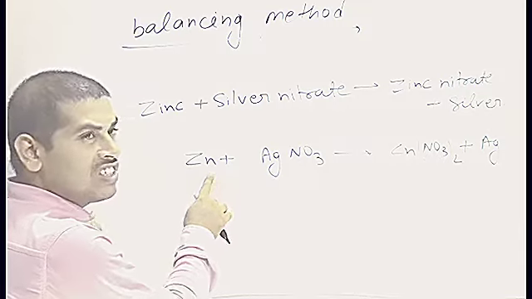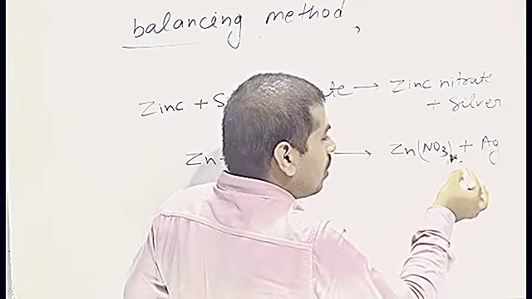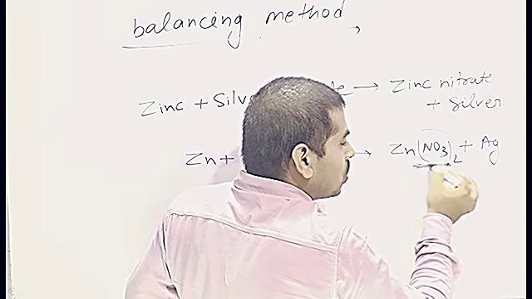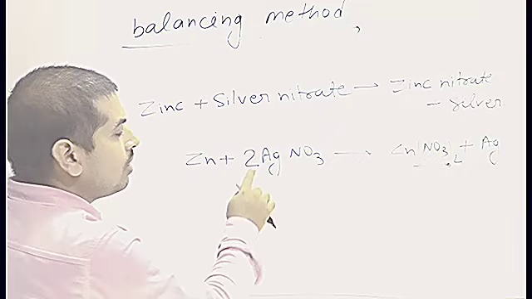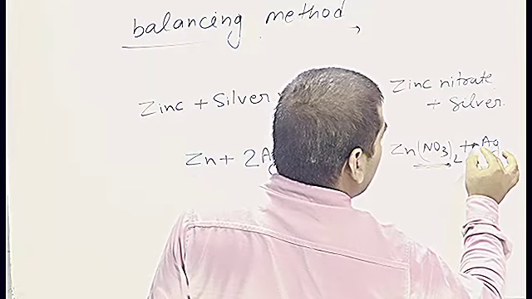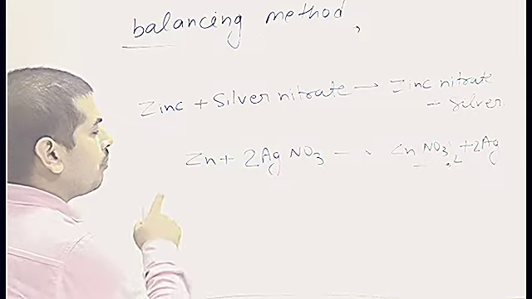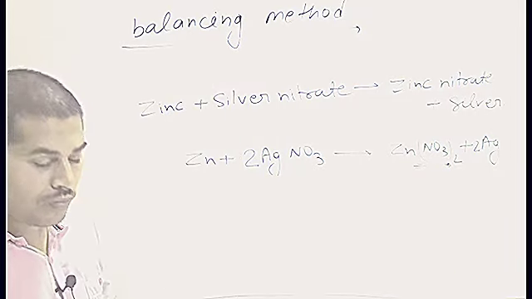Here 1 Zn, 1 Ag, and 1 NO3 here, total NO3 is 2 on the other side. So by multiplying 2 we get 2 AgNO3. Now by multiplying 2 in Ag we get 2 Ag, means this is the balanced equation.